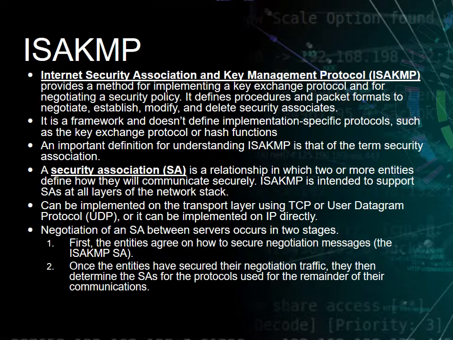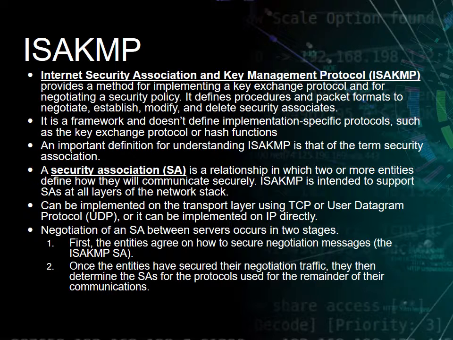It's important to note the term security association. It's a relationship in which two or more entities define how they will communicate securely. So going back to, let's say, TLS, the server and the web browser on the client side, that is a security association once they have started and initiated the communication with each other.